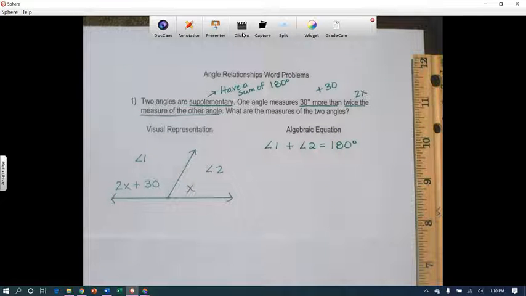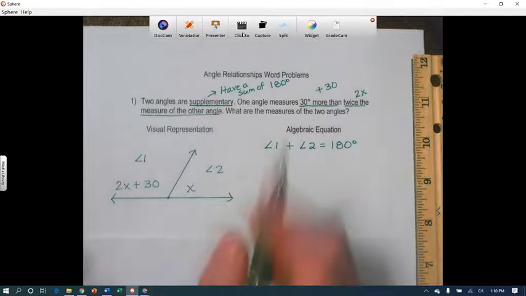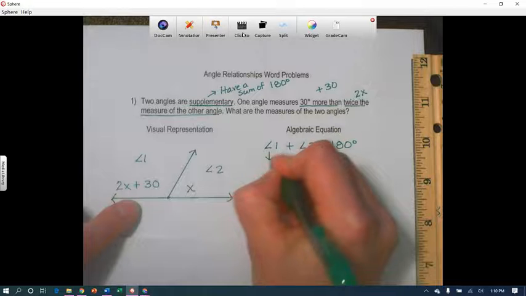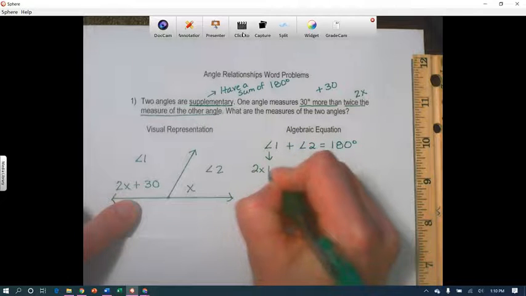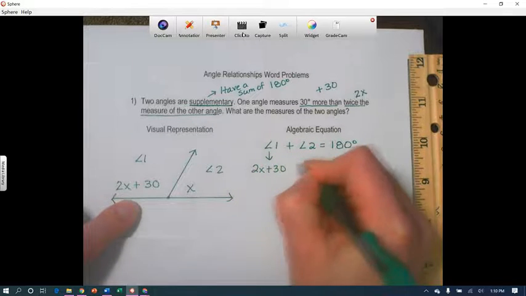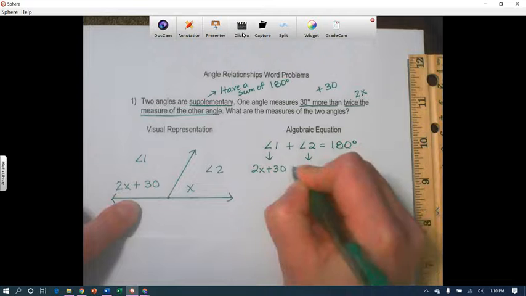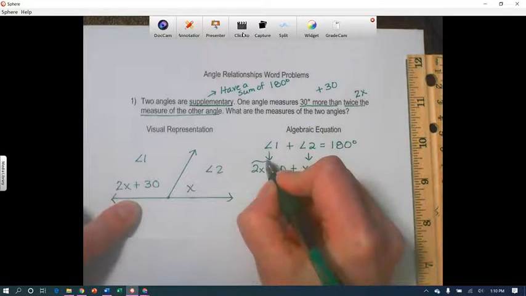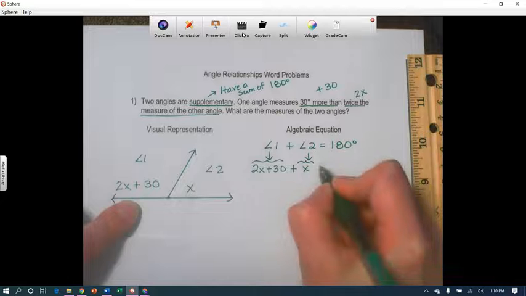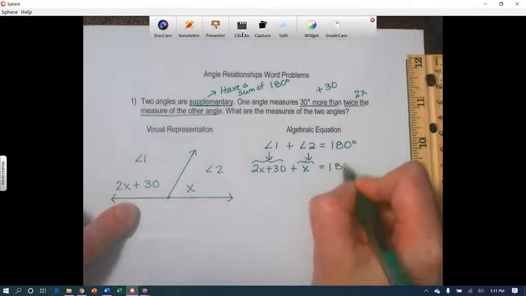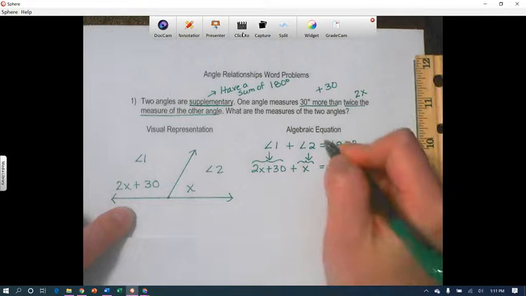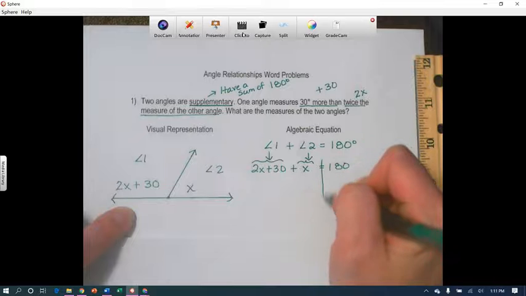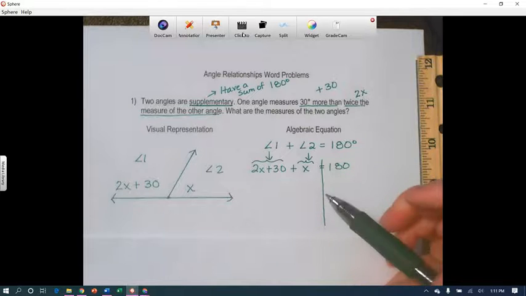Well, the measure of angle 1 is 2x plus 30. The measure of angle 2 is x. And I know if I combine both of those, the sum is 180. So now we're just going to solve that equation just like we have been, just like you were at the end of last week.